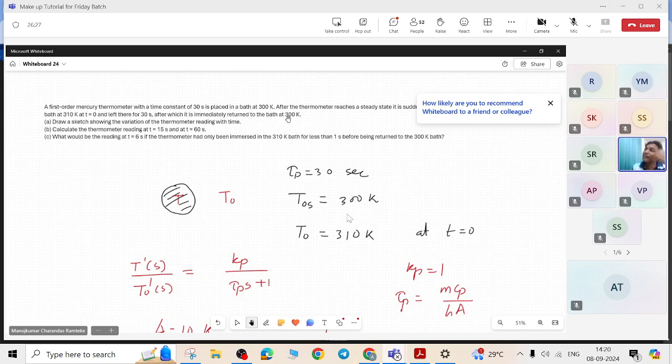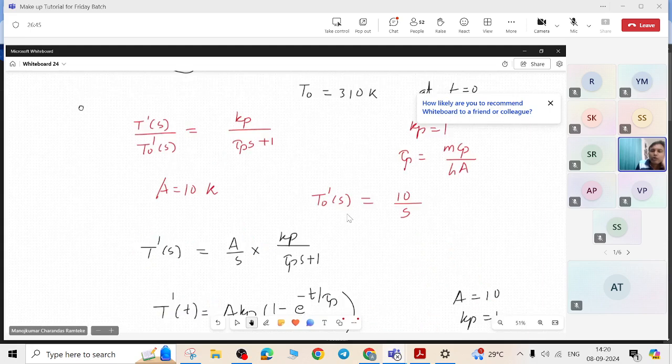After that, we have again taken the thermometer from 310 Kelvin and put it into the original 300 Kelvin bath, and we have continued there. So after 30 seconds, we have applied a negative step. What will be the magnitude of the negative step?